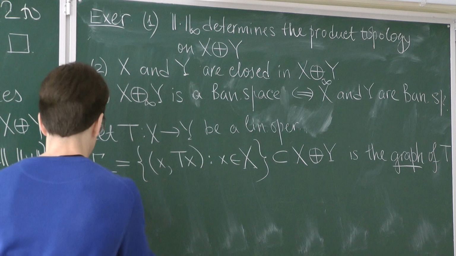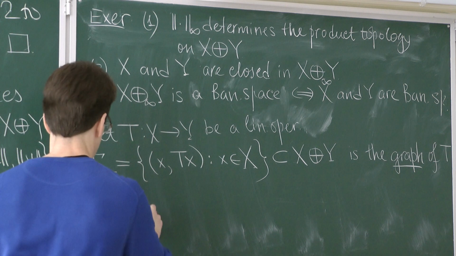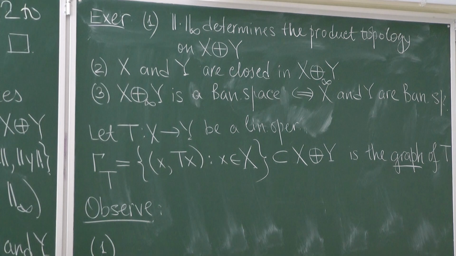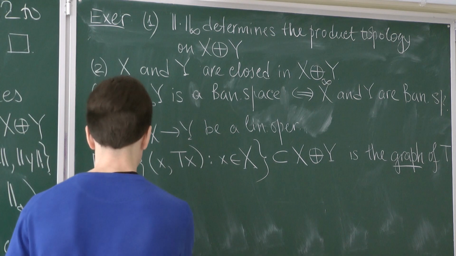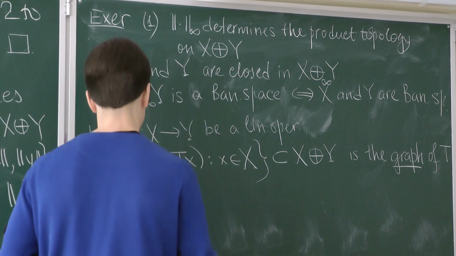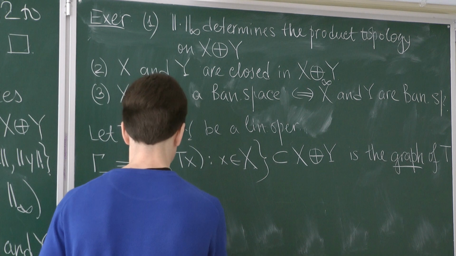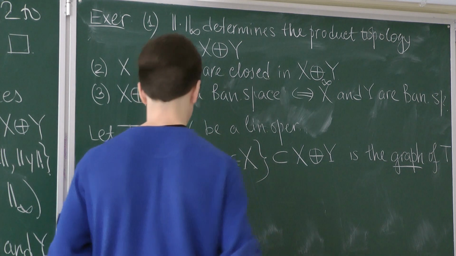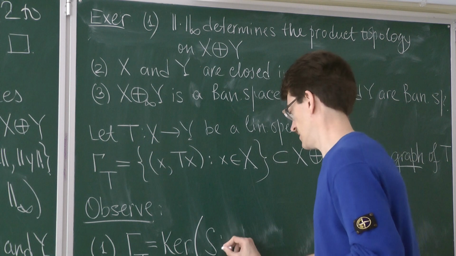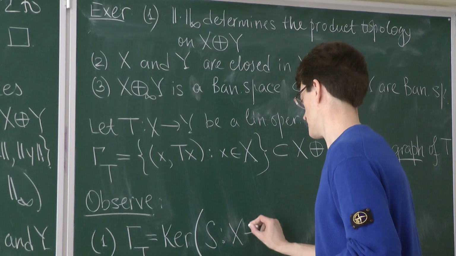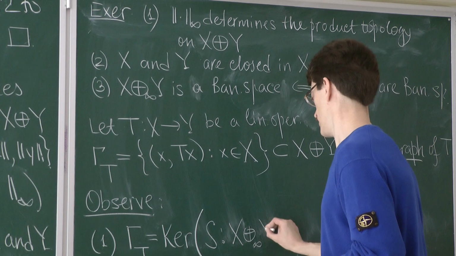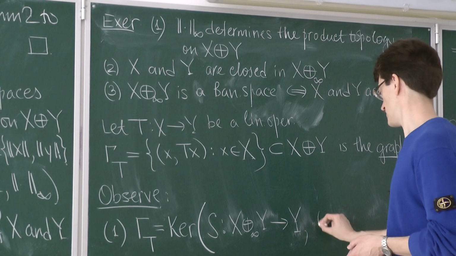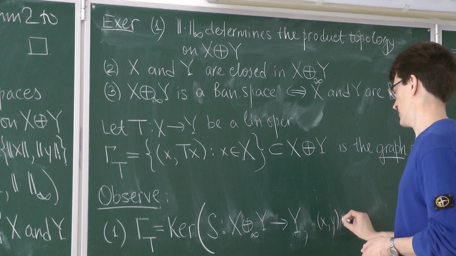Let's observe the following. First of all, we observe that the graph gamma T is the kernel of the following operator. Let's denote this operator by S. It acts from the L infinity sum of X and Y to Y, and it is given by the following formula.